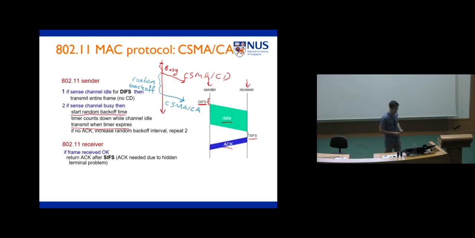So you can think along those lines. If we do not have collision detection but collision avoidance, what difference does it make in having immediate transmission and waiting for a random backoff? Any guess?